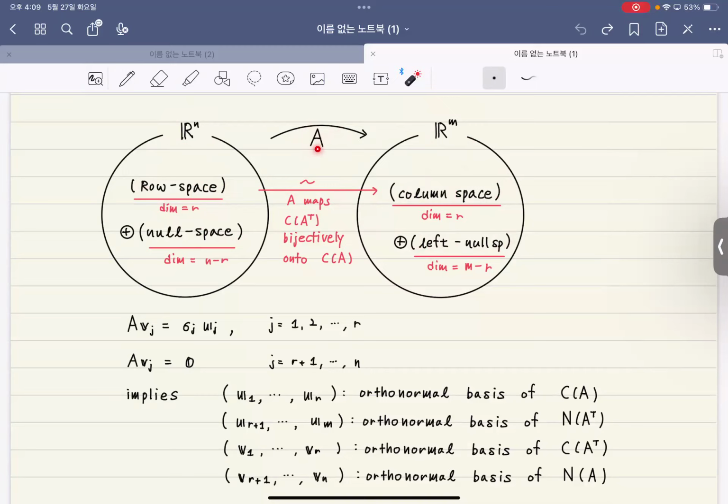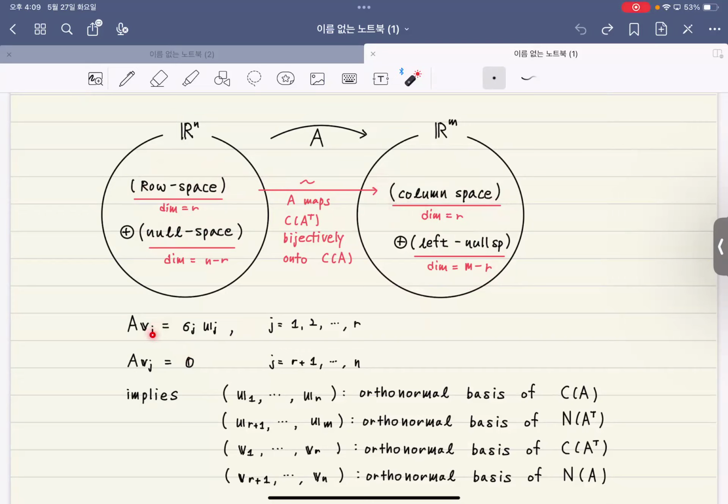If we assume the rank of the matrix A is r, then this is r dimensional, and this guy has the complementary dimension, which is n minus r. This is an r dimensional space, and this is an m minus r dimensional space. Well, every vector in this space goes to 0, right? But A maps this row space bijectively onto the column space. So this guy is being mapped bijectively to here.